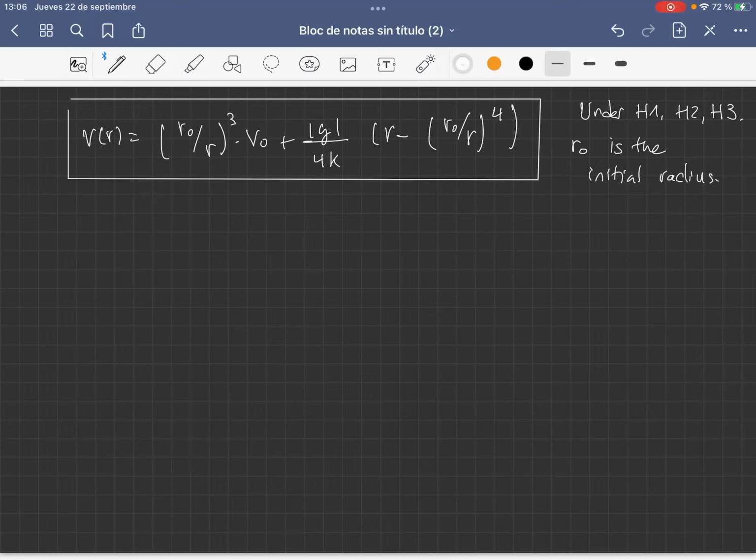So now if one wants to see what's the velocity with respect to time, what we can basically do here is it's another consideration that is pretty common, and it's that r is gonna be way bigger than the initial radius. How is this possible?